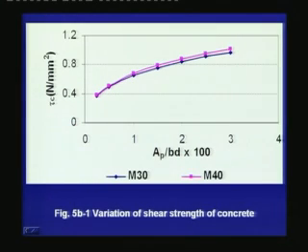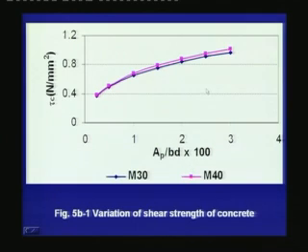The values of tau c are plotted in this graph. It is given in terms of the amount of pre-stressing steel. The graphs are given for two grades of concrete, M30 and M40. We observe that as the amount of pre-stressing steel is increasing, the strength of the concrete is also increasing, but it gradually tapers off to a steady value.